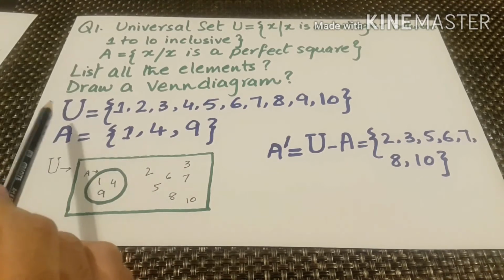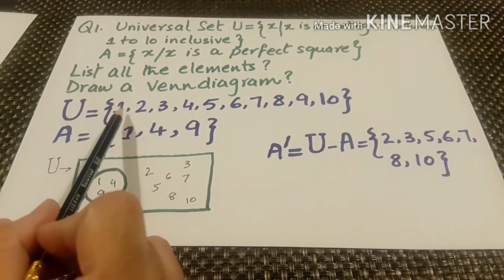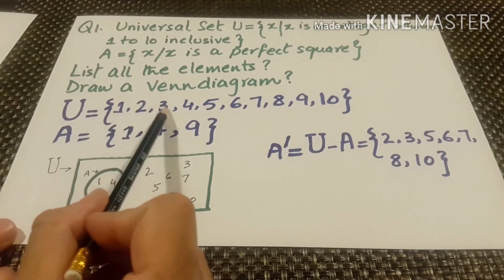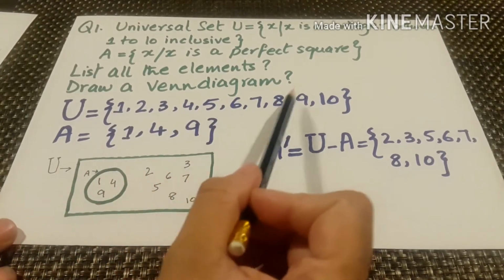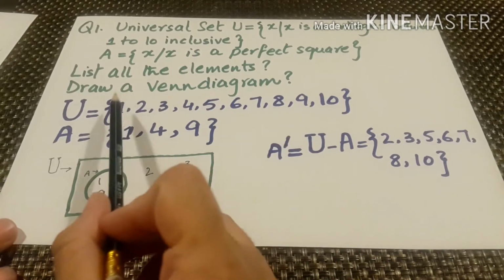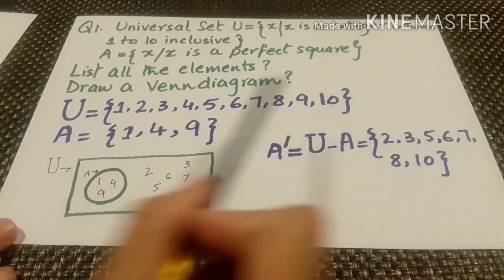In the solution, the universal set, integers between 1 to 10 inclusive, means we have to write the numbers 1, 2, 3, 4, 5, 6, 7, 8, 9 and 10. Inclusive means that they are included from 1 to 10.